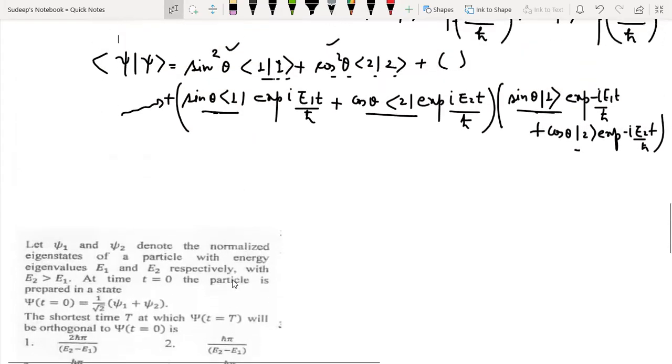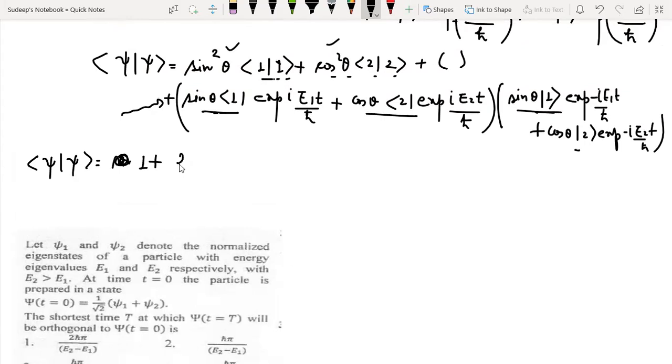So what would be that mixed term? Psi psi is equal to sine square theta plus cos square theta, which is simply 1, plus the mixed term.